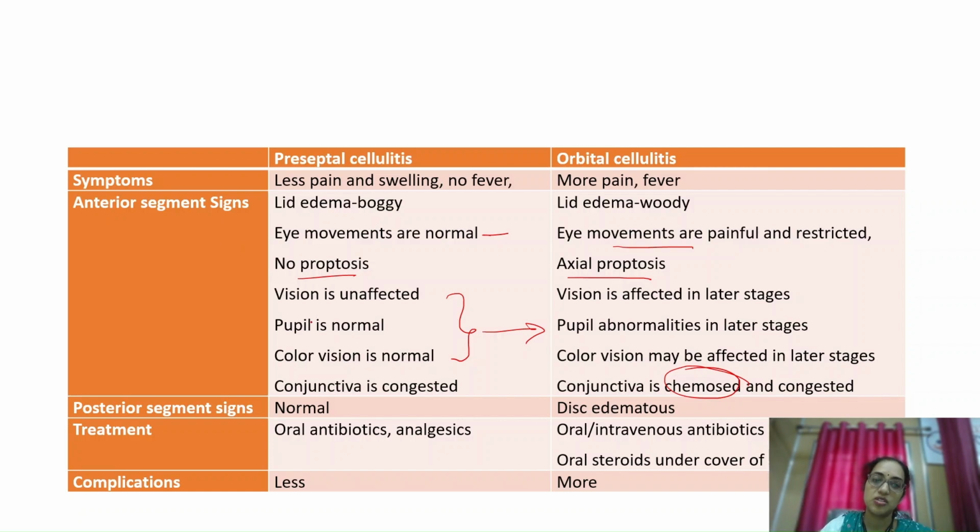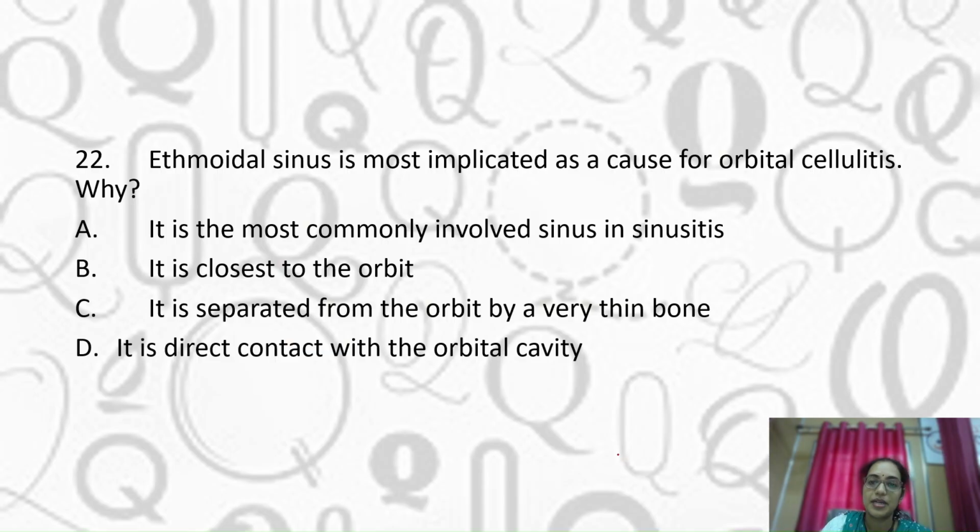The posterior segment is usually normal in preseptal cellulitis, whereas the disc can be edematous in orbital cellulitis. So the treatment needs to be more aggressive in orbital cellulitis with a hospital stay, and oral steroids may be started under the cover of antibiotics. The complications are very few in preseptal, whereas they are more in orbital cellulitis.